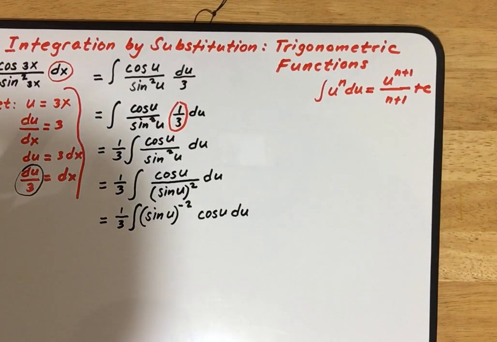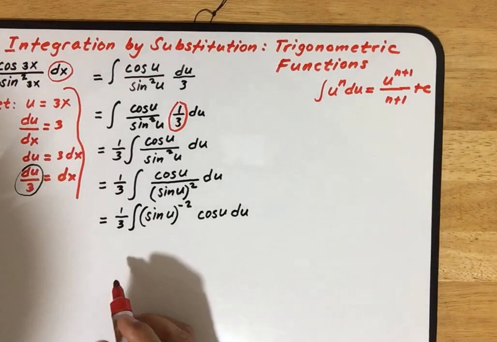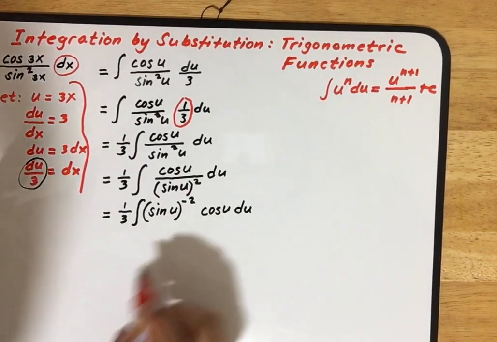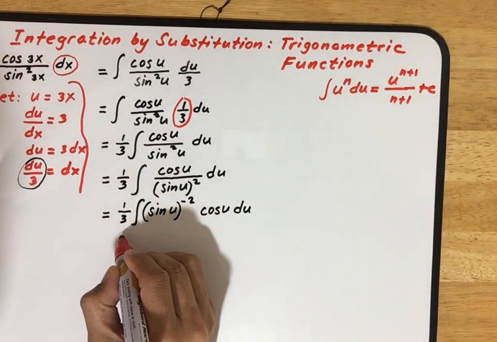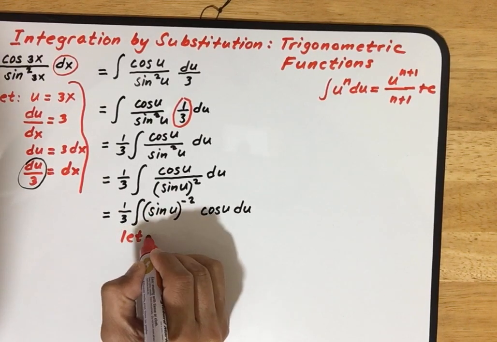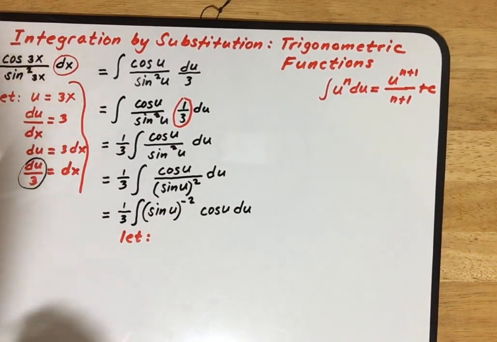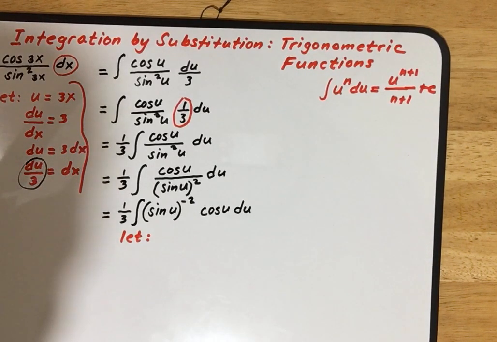So what we are going to do now is another substitution. Using another variable, since we have used u already, we have to use v this time.